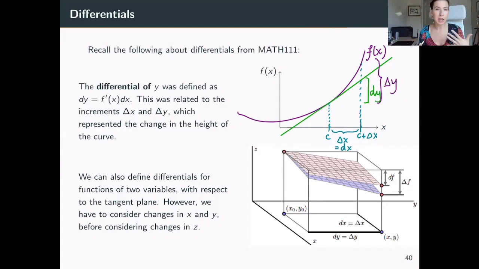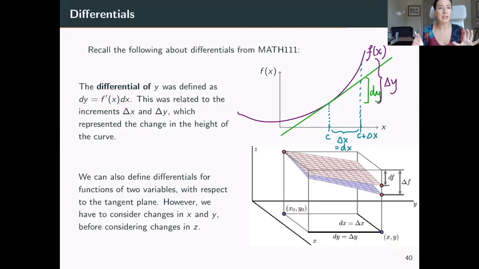And we ended up coming up with a relationship between all of these quantities, that our change in the tangent line was equal to the rate of change at the point x, or in this case c, times this dx.